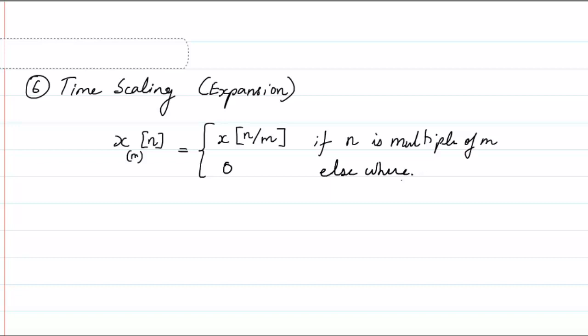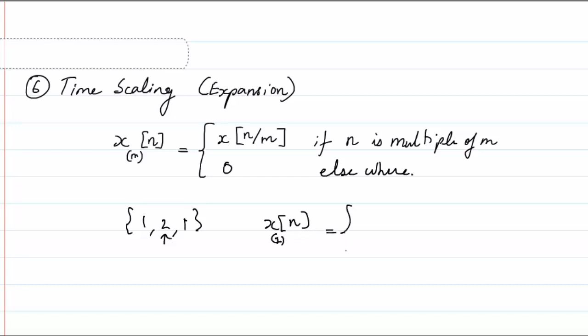Suppose I have x of n which is 1, 2, 1. If I am trying to expand this, I will use this formula. Suppose I am trying to expand this with a scaling factor of 2.